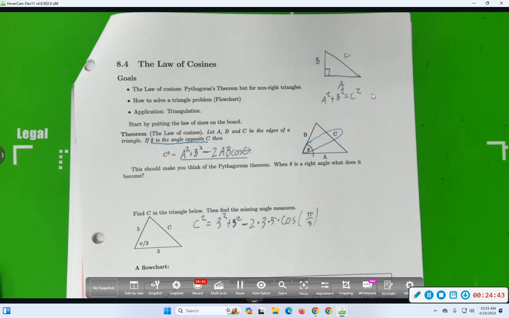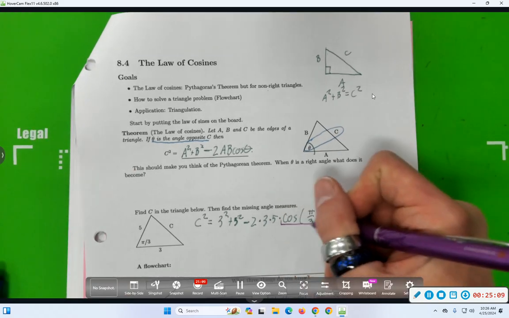As a comment, I don't think you need a calculator to work out that cosine value. Pi over 3 is an angle that's on your unit circle, so you should just know cosine of pi over 3. Nice.